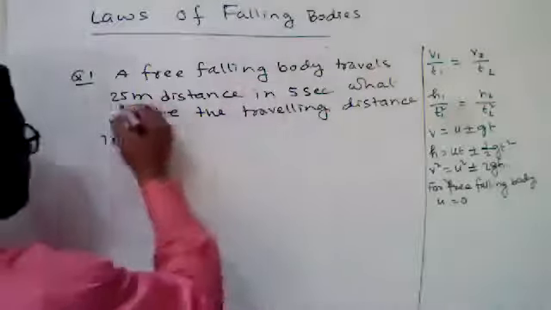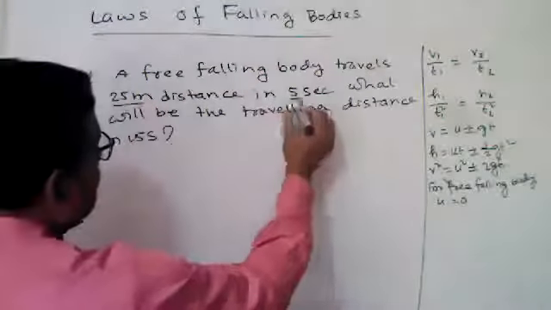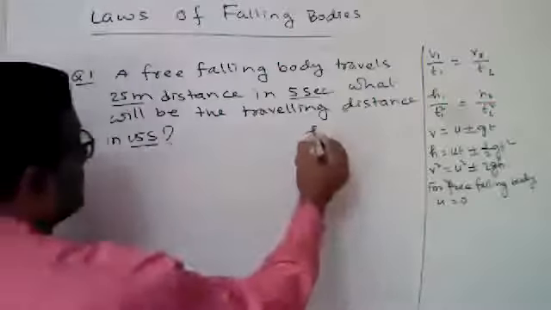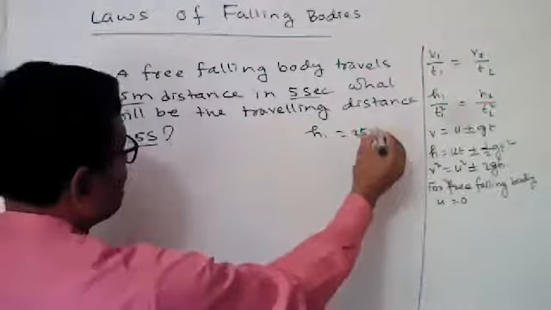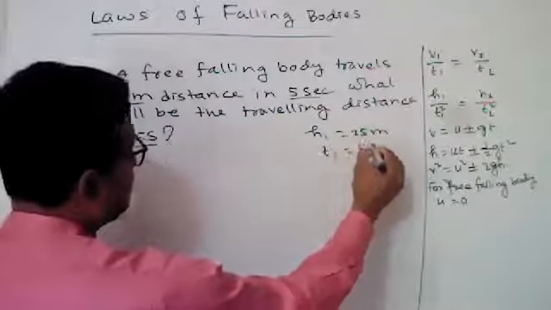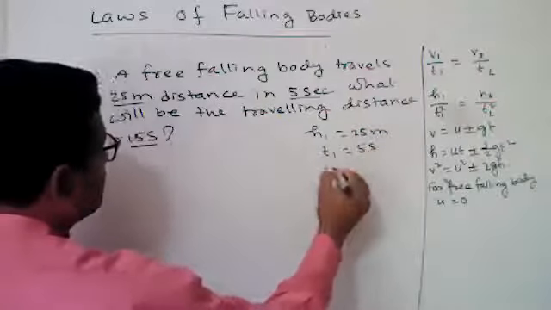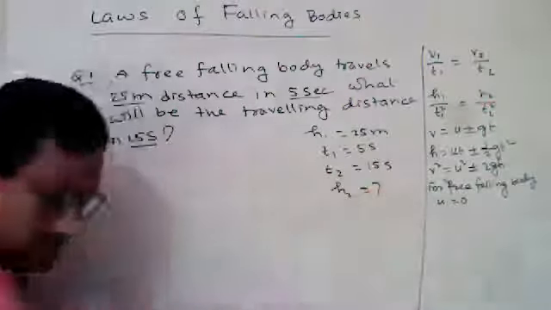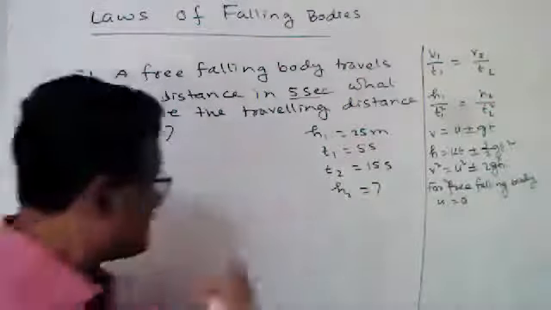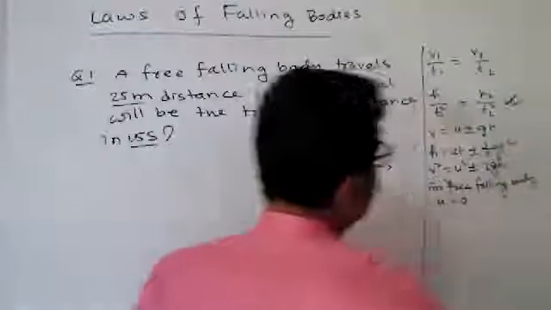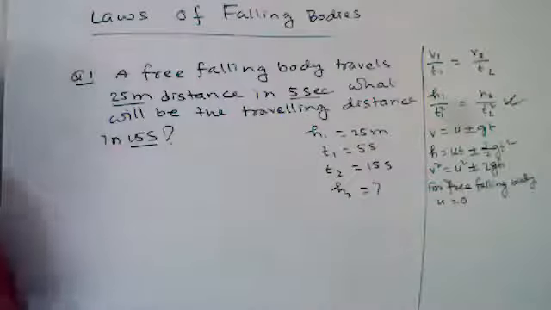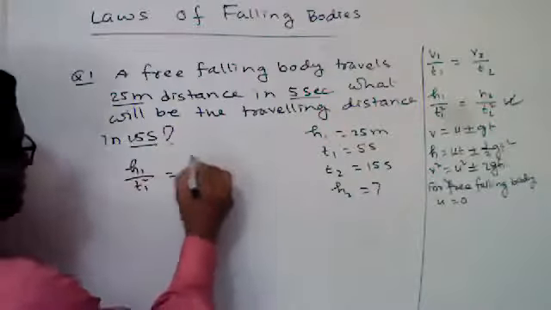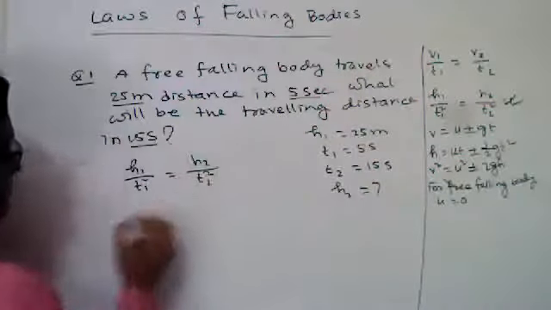Here the traveling distance is 25 meters, time 5 seconds, and the second time is 15 seconds. So we can write h1 equals 25 meter, t1 equals 5 seconds, t2 equals 15 seconds, and h2 equals what? From this, we know h1 by t1 square equals h2 by t2 square.